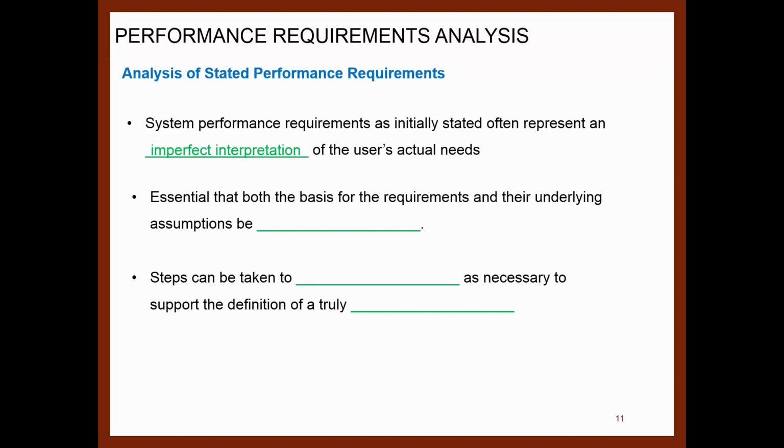It is essential that both the basis for the requirements and their underlying assumptions be clearly understood. Steps can be taken to refine the requirements as necessary to support the definition of a truly viable system concept. Keep in mind that the output of this phase has to be a viable system concept that we are going to push forward to the next phase.